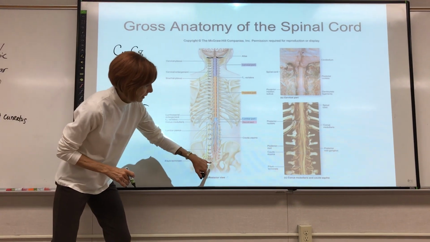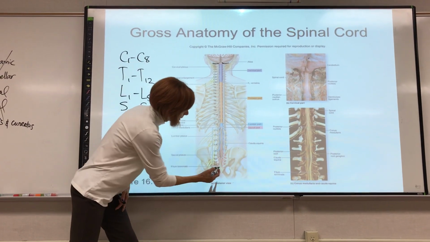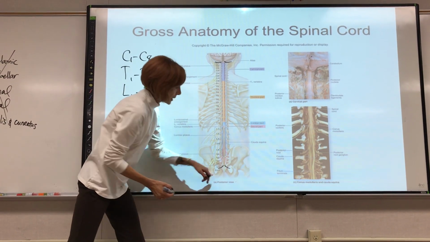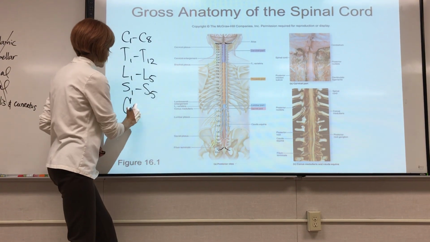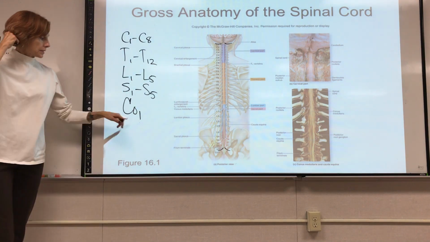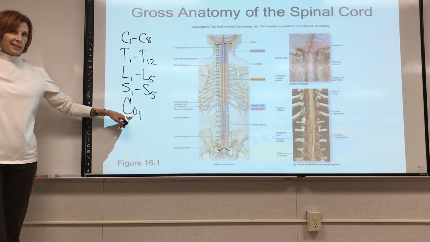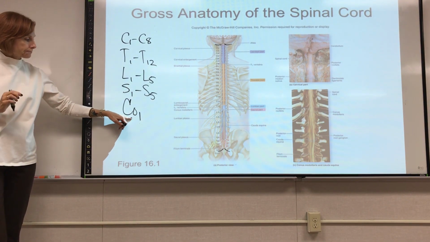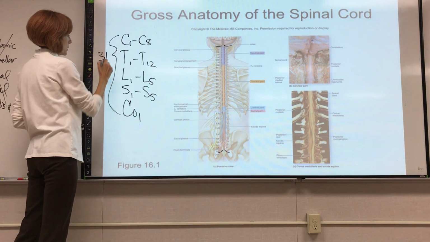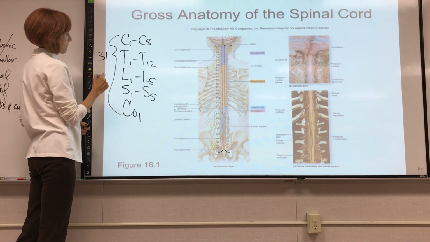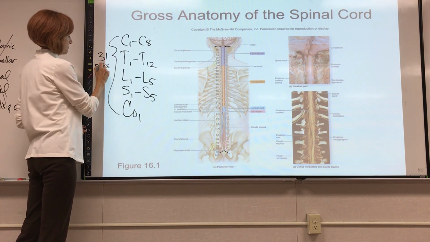The coccygeal pair of spinal nerves is right here, this lowest pair. They travel out between the coccyx and the sacrum. So this is abbreviated like this, CO for coccyx. Okay? So if you add these up, we have 31. Yay! 31 pairs of spinal nerves.